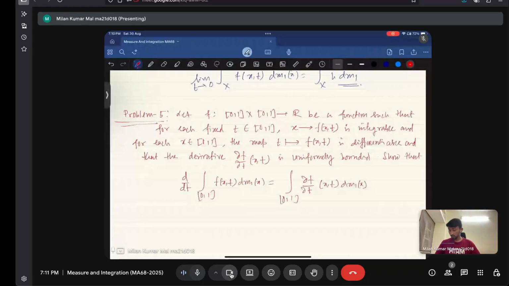Okay, so let's do this one. What is meant by this particular thing? This is the derivative of this particular thing, which is right now a function of t only. So the derivative means limit as h tends to 0.